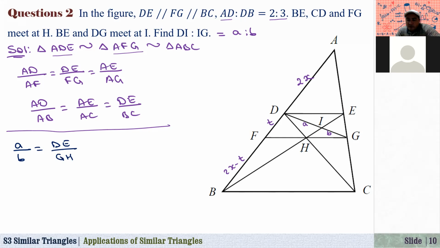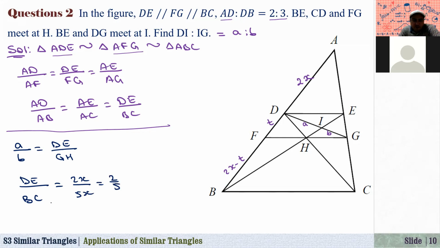At the same time, this ratio DE over BC is equal to 2 over 5. So we can write DE over BC equals AD over AB, that is 2x over 5x, which is equal to 2 over 5.